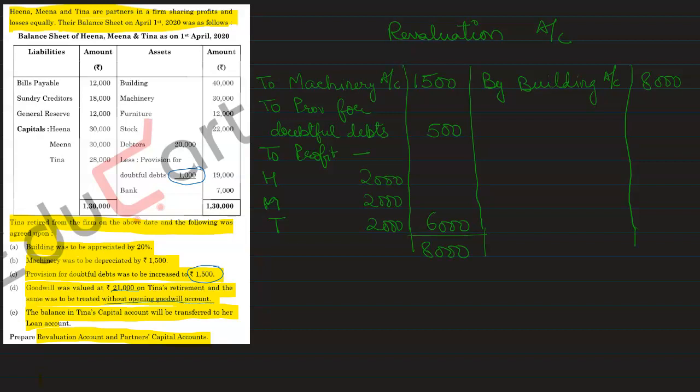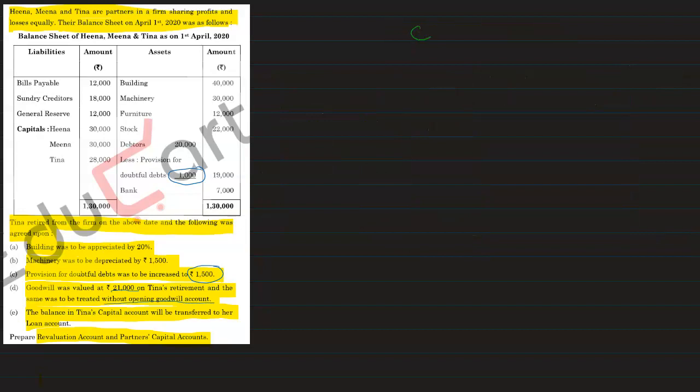So this will be the very first account that we will prepare while solving the question. Now comes the capital accounts of all the three partners. So the space I have is quite less.